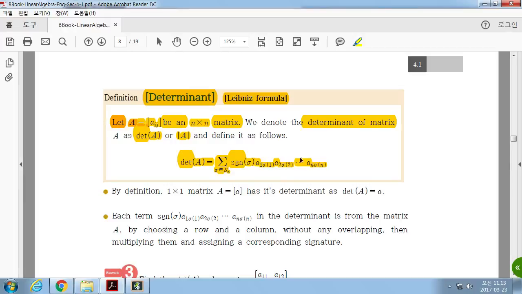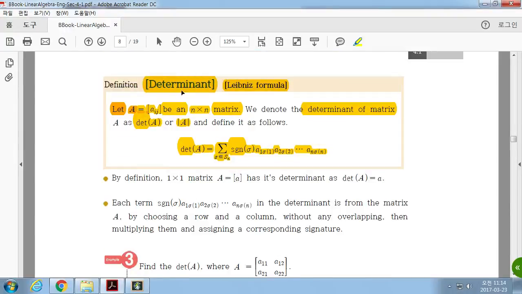And then multiply all those n terms. Then multiply by +1 or -1, depending on the permutation that you choose. Then add all of those. How many? N factorial, because the sigma comes from Sn, whose cardinality is n factorial.